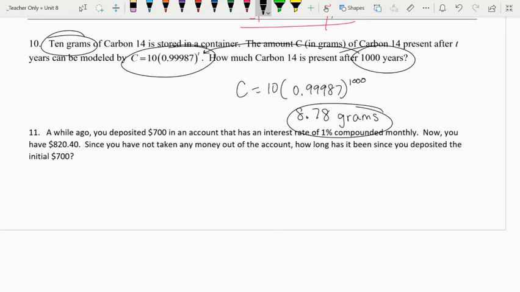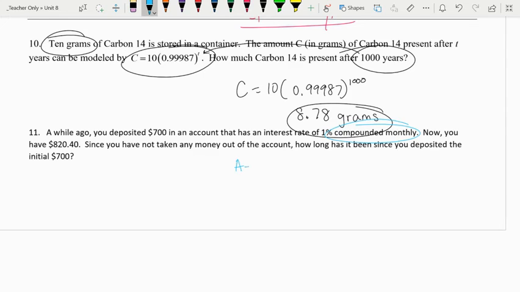Last one. A while ago, you deposited $700 in an account that has an interest rate of 1% compounded monthly. Now you have $820.40. Since you have not taken out any money in the account, how long has it been since you deposited the initial $700? So we're looking for t.